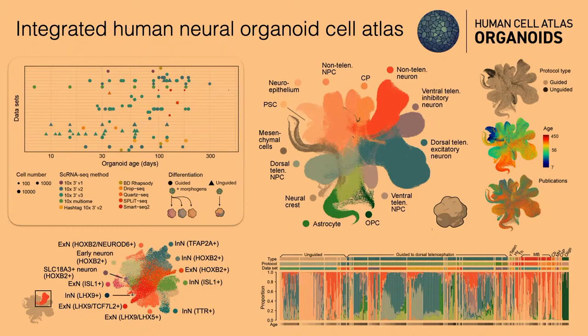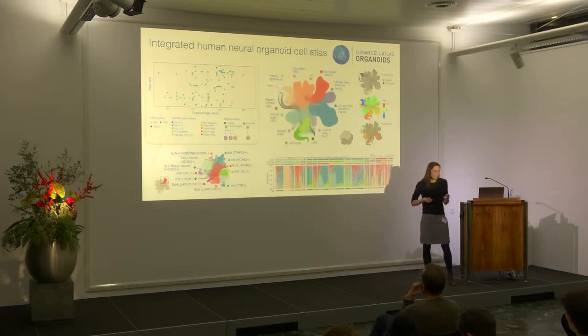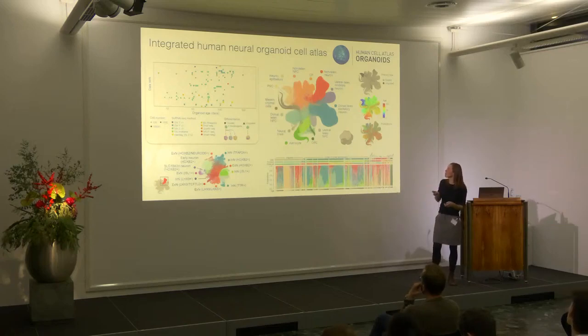And then here, guiding, for example, to mid-hindbrain, you have more of these reddish colors, and so on. So overall, there's a trend: if you guide it towards a certain region, it's more likely to become that region.